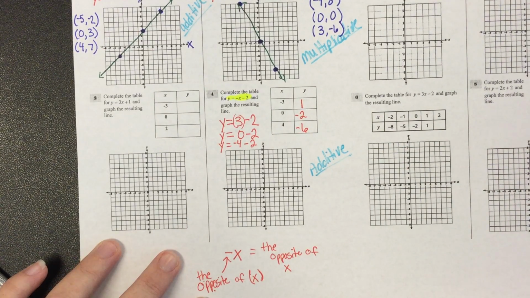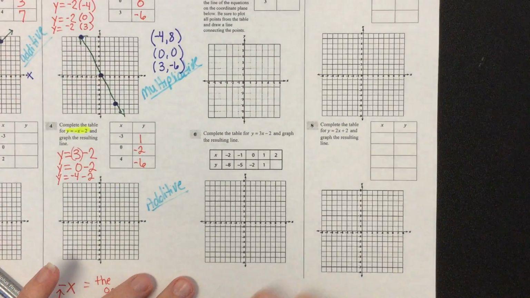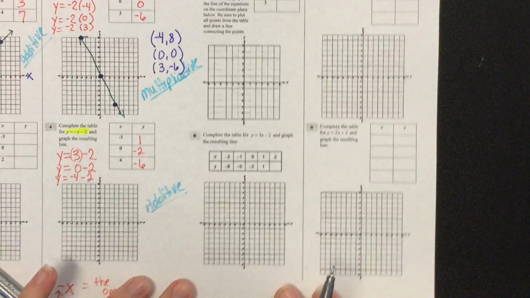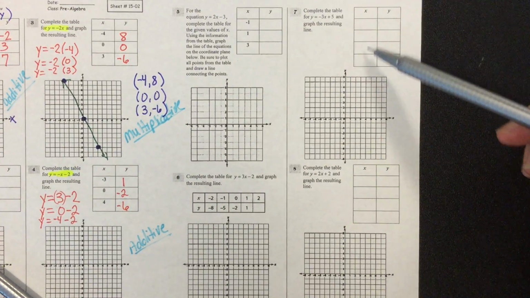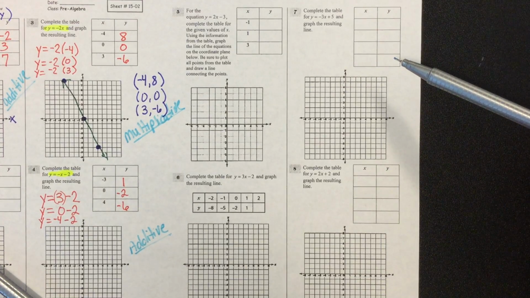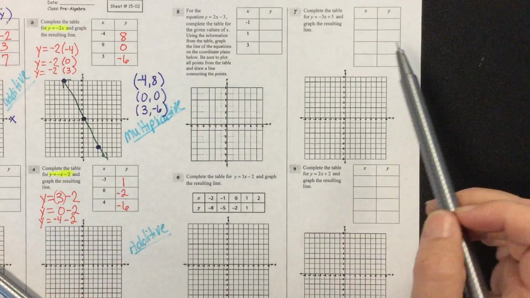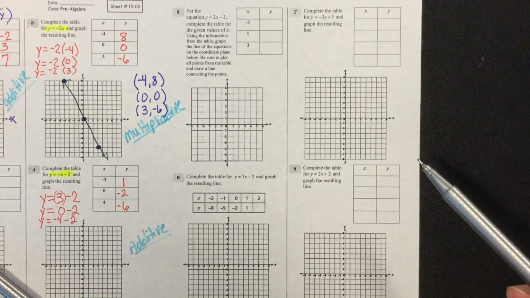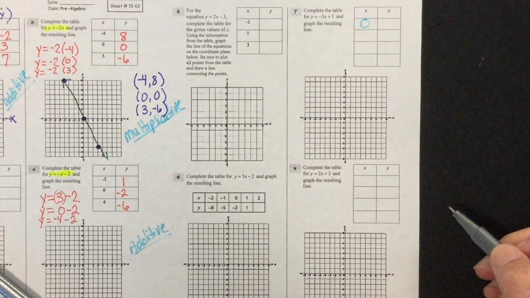All right. Come over here real quick and look at number 7 and 8. Notice that these do not have x values, nor do they have y values, correct? What you are going to do is choose your own x values. So I may choose 0, and I'll put a 0 in here and find out what that value is.